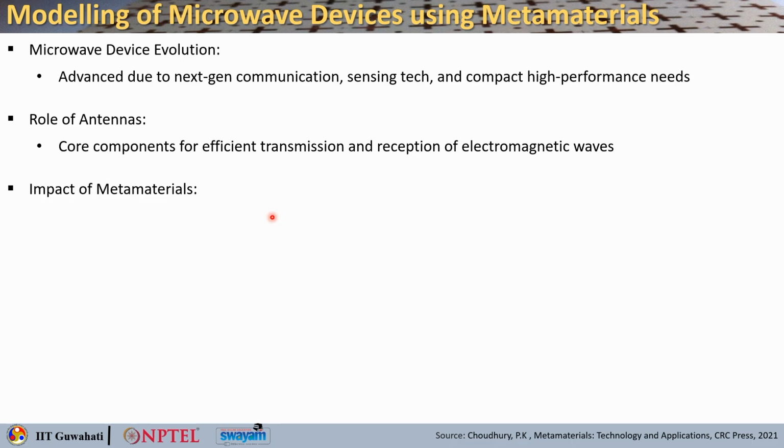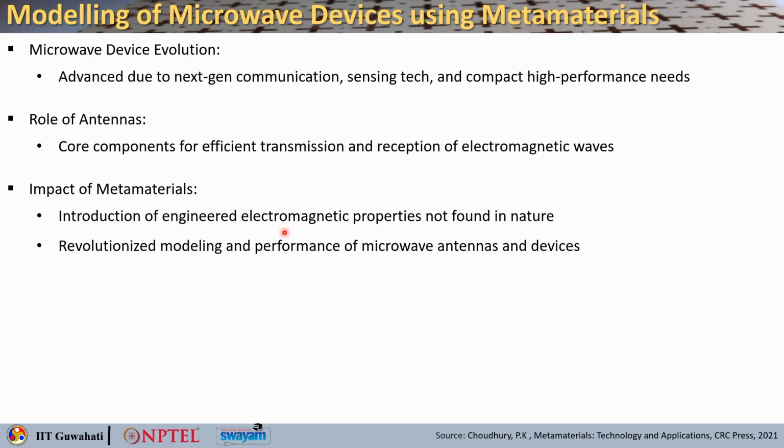Now, with the emergence of metamaterials, which are basically engineered structures that exhibit unique electromagnetic properties which are not found in nature, you will see that the modeling and performance of microwave antennas and related devices have seen revolutionary enhancement.